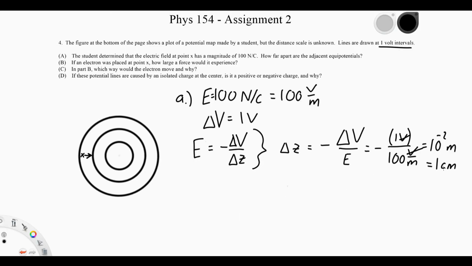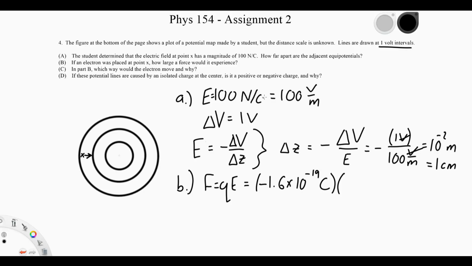Okay, so that's part A. Moving on to part B. If an electron was placed at point X, how large a force would it experience? So for this, we're just going to use F is equal to QE, which is an equation we used a bit last week. We're just going to plug in for the charge of an electron, which is negative 1.6 times 10 to the negative 19 coulombs times our electric field.